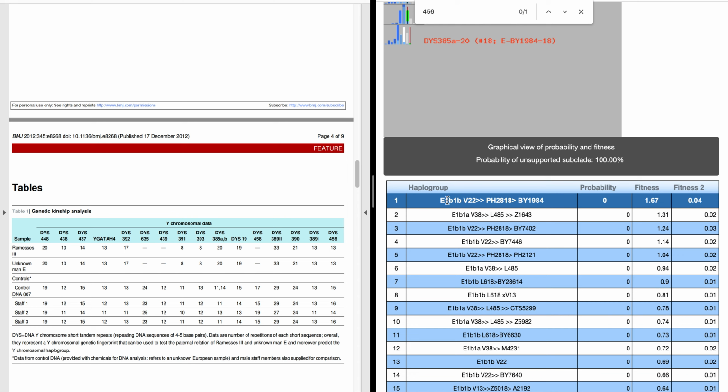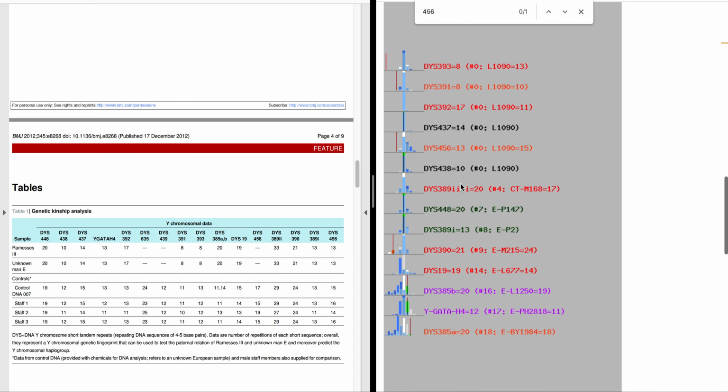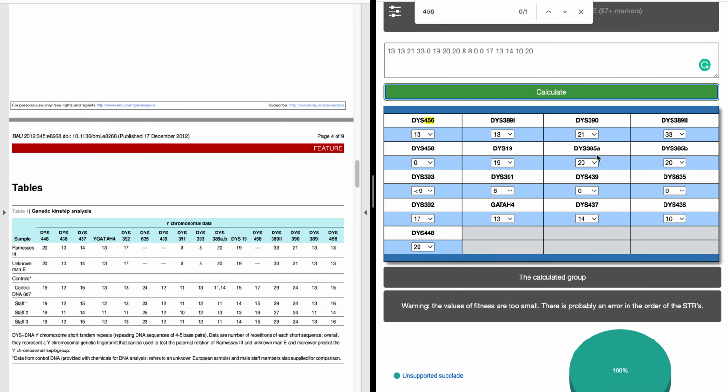So for the subclades of V, we have E1B1B, subclade V22. Probability is 0, fitness 1.67. And this is the haplogroup that I got last time. But unfortunately, I was missing one of the DYS. I think it was DYS 390 or something. But this time, we made sure that it's in there still.